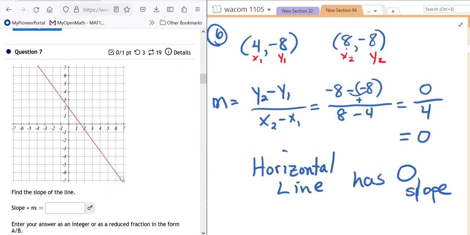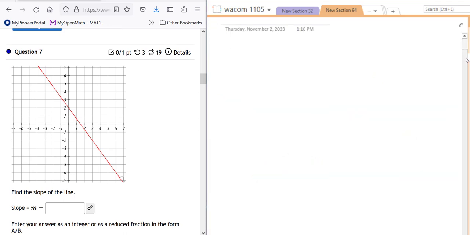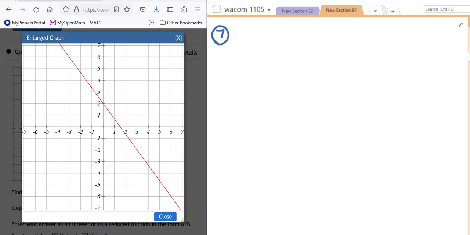All right, so the next kind of question, they are giving us the graph. So we're going to find points and count. You do want to find points that hit at the corners of the boxes. And I'm going to blow this up just so that it's a little easier to do. Hopefully you will see my pointer on there.